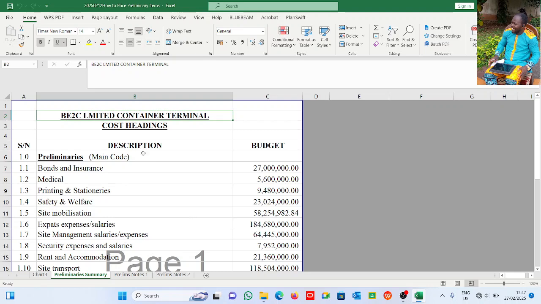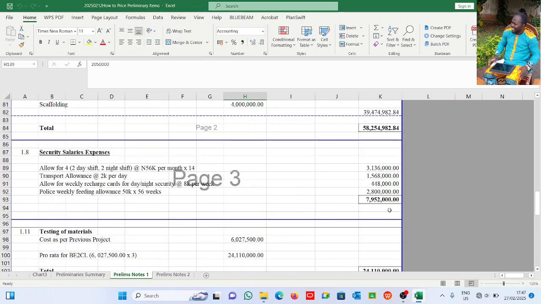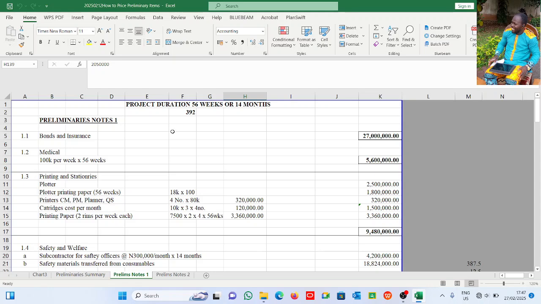Now this is a B2C limited container terminal. These are cost headings. The project is for 14 months, which is 56 weeks, which is also 392 days if you multiply 56 by 7 days in a week. Because work also goes on through the week, especially when you have targets to meet.